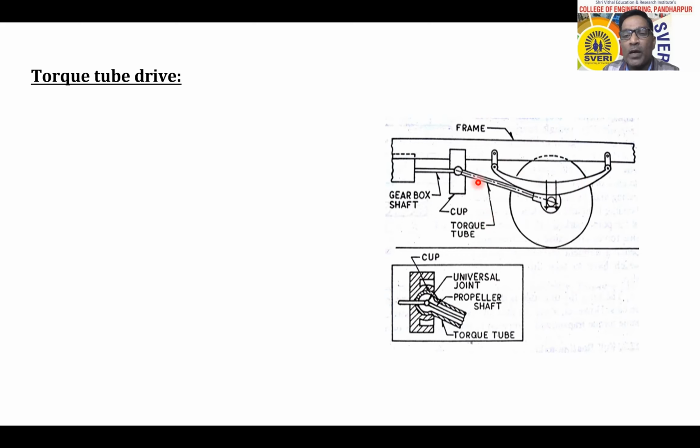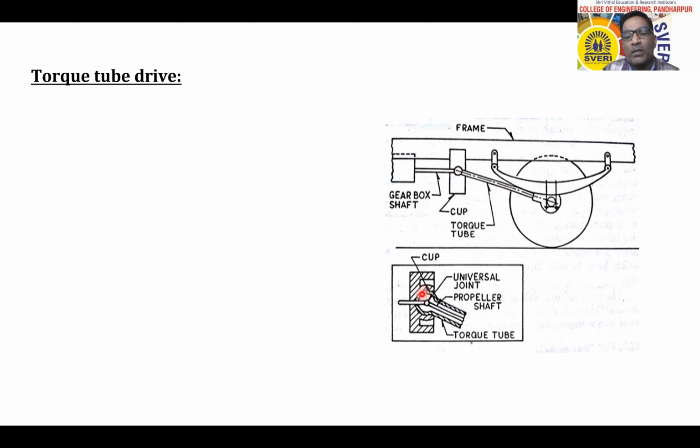That means it is a tube inside which the propeller shaft is going to rotate. And this is the cup which holds one end of the propeller shaft. And this is the output shaft of the gearbox. So just one small figure is shown here which will detail what the cup is.